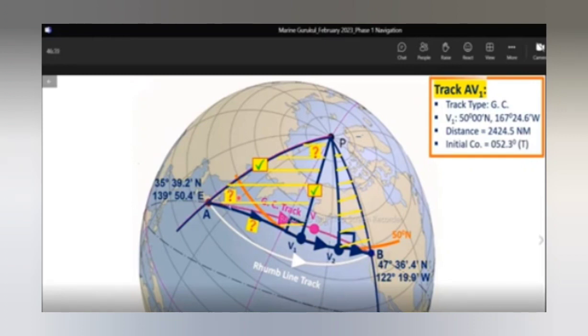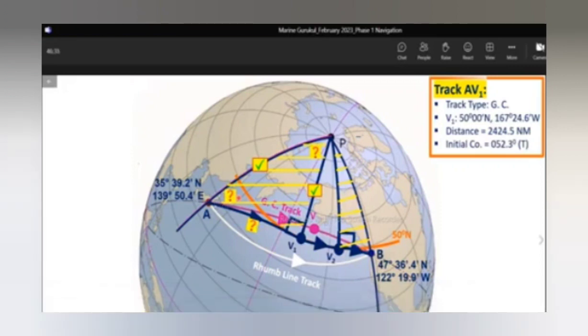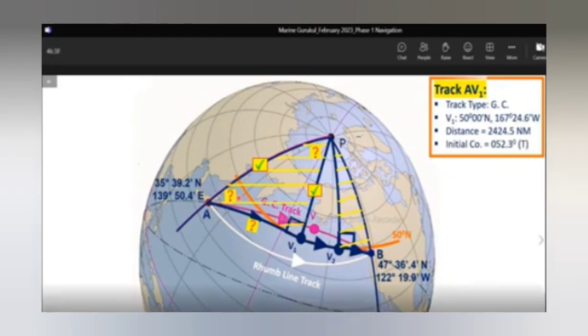Angle A helps us to find the initial course exactly as we did in great circle questions using the 1 to 3 method, and distance AV1 is noted down, and angle P which we have got will be used later on. So any doubts up to here, beta?